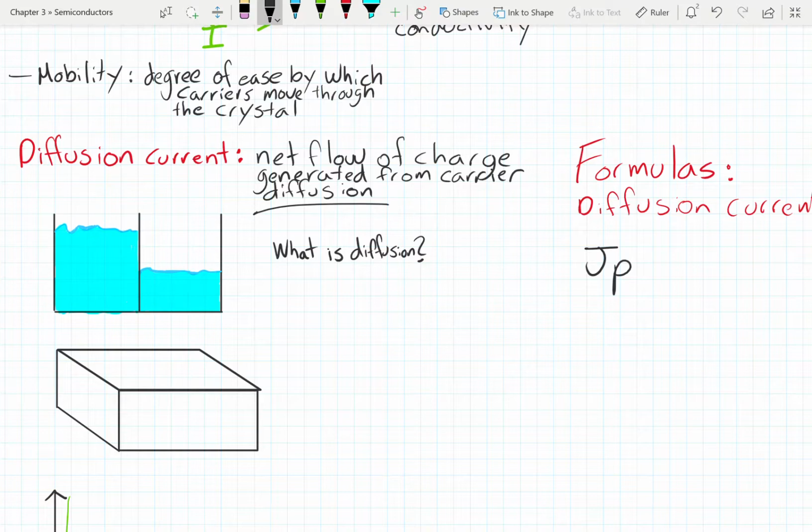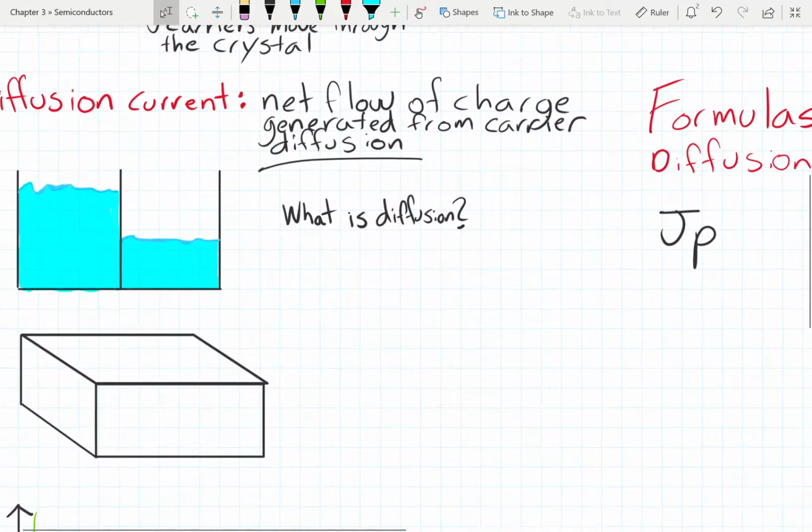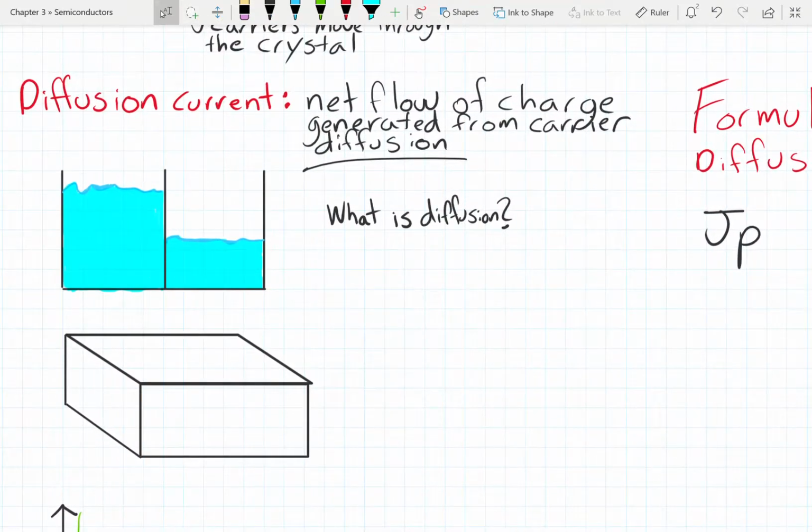So let's take this example in the image on the left. We have a container with water, and we have different densities. We have a high concentration of water on the left side and a lower concentration of water on the right side.